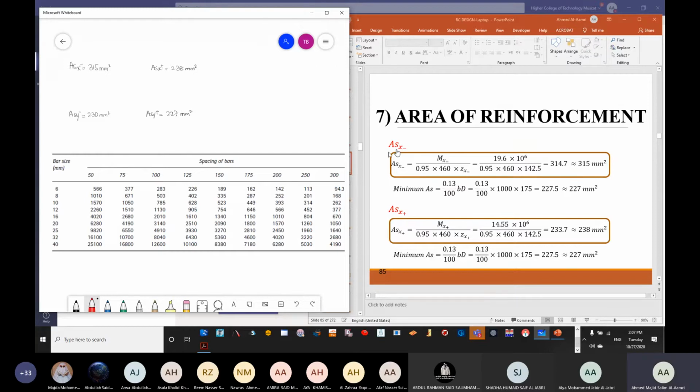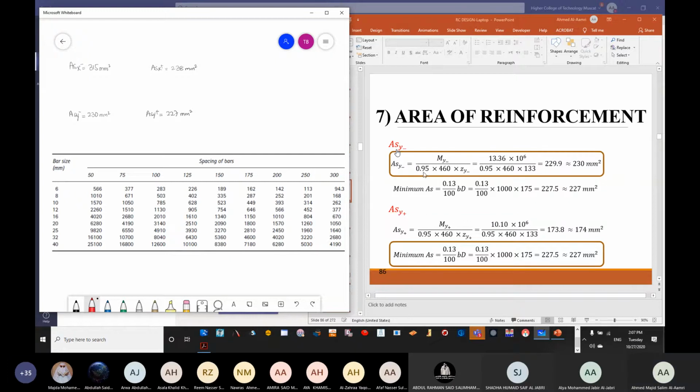Okay, so we have got ASX negative as 315, ASX positive as 238, ASY negative as 230, ASY positive as 227. We said we are going to take the maximum of the two. So 227, and these are the values which are shown here. Okay, we have ASX negative, ASX positive, ASY negative, ASY positive.